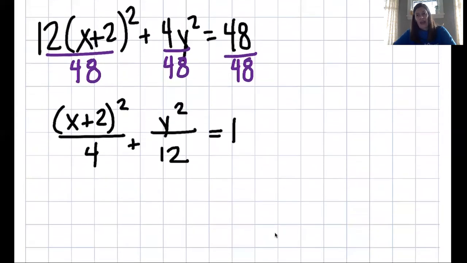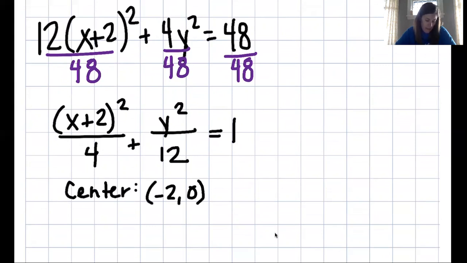Okay. And I can go through and label the things that I need. So my center point is at -2, 0 here. I can determine that my a squared is 12, so a is the square root of 12, which is 2 square root 3. I know that b squared is 4, so b is 2.